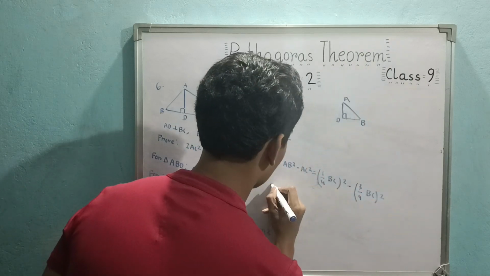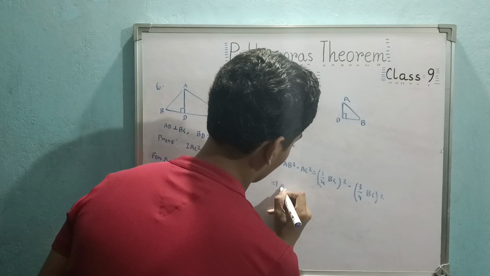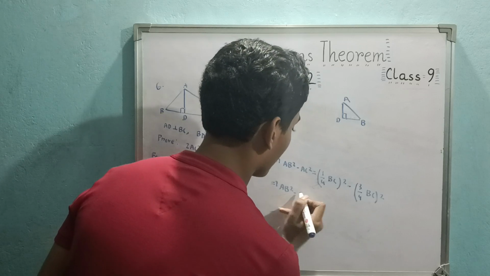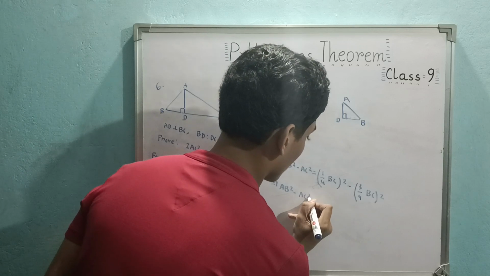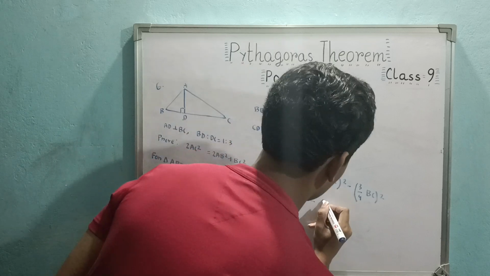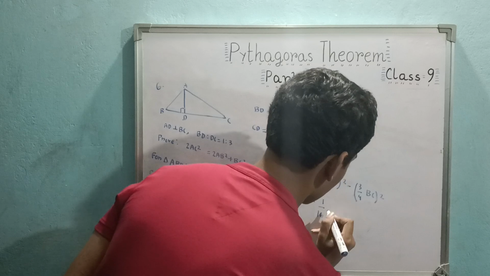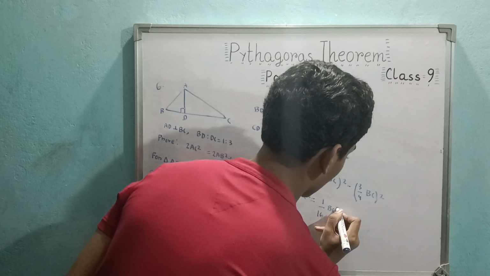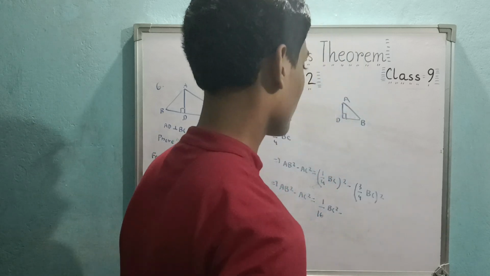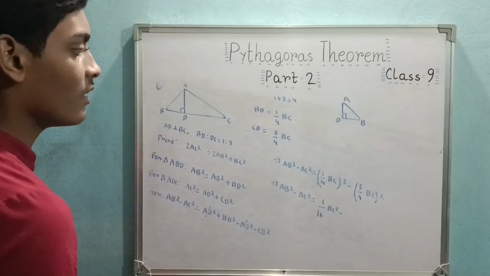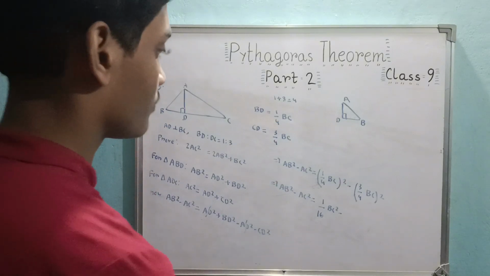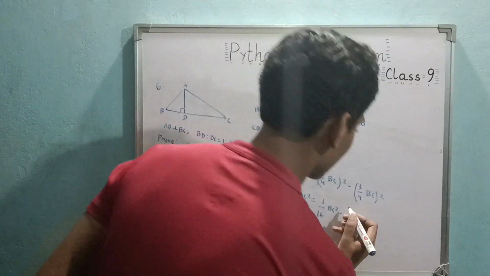Simple mathematics, or AB square minus AC square equal to 1 by 16 BC square minus 9 by 16 BC square.